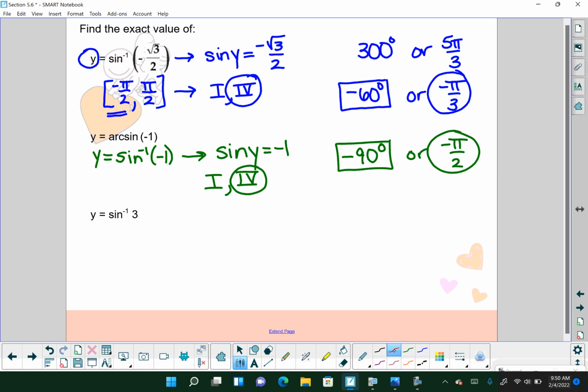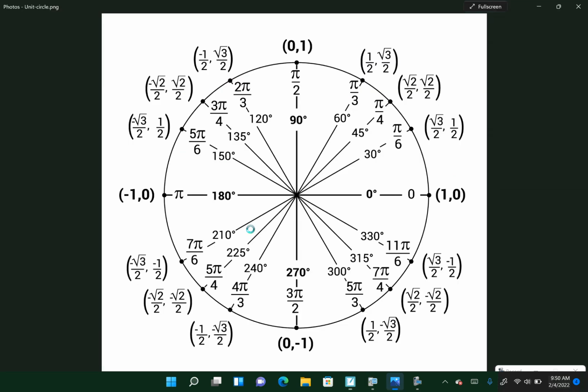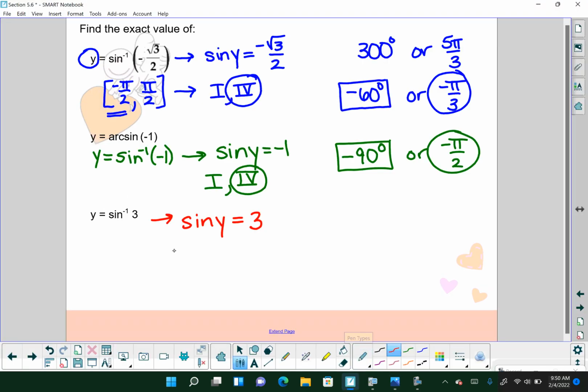Okay, my next one, inverse sine of 3. That means sine of some angle y is equal to 3. Now, if you take a look at your unit circle, you're going to see there are no y values equal to 3. That doesn't mean it's impossible, so we want to think about whether that works on our sine function.